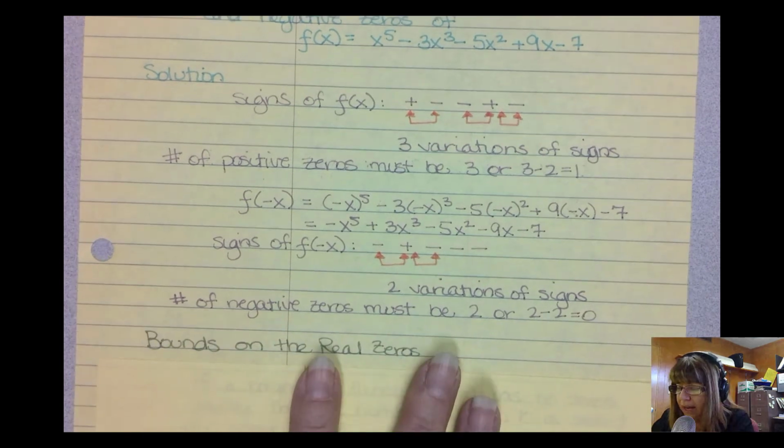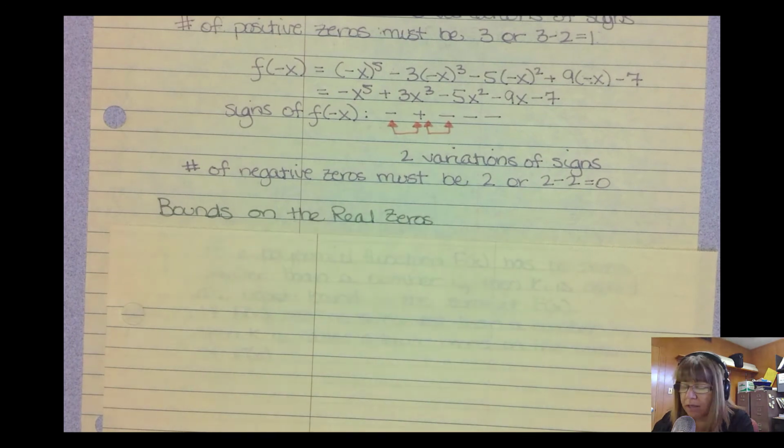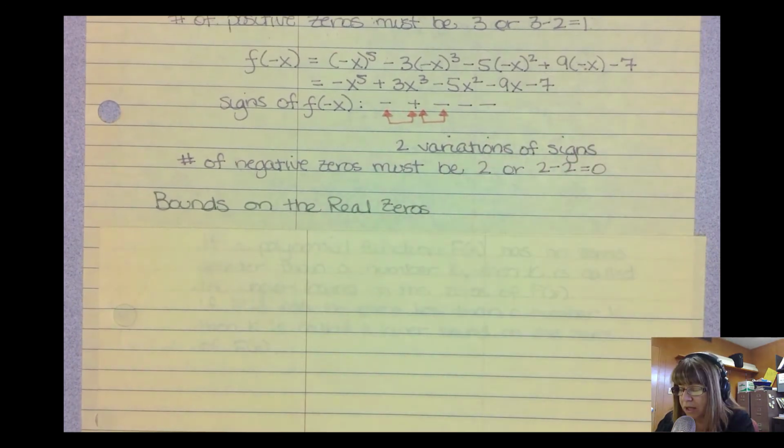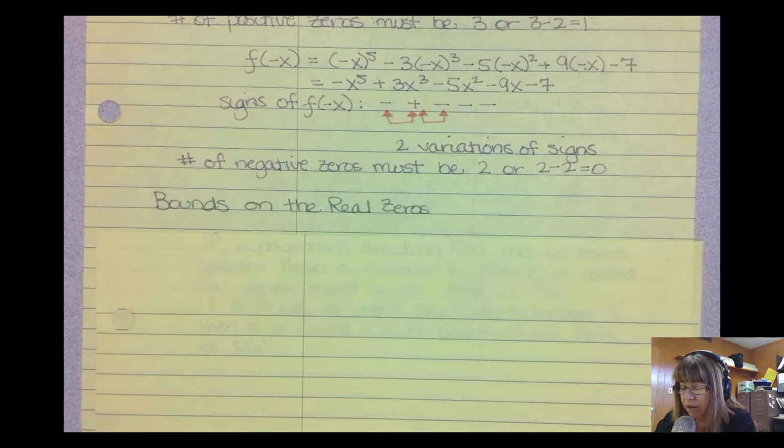Now we do have some bounds on our real zeros, which is very helpful in terms of knowing how much further we have to go before we can stop looking for zeros above a particular value and below a particular value.